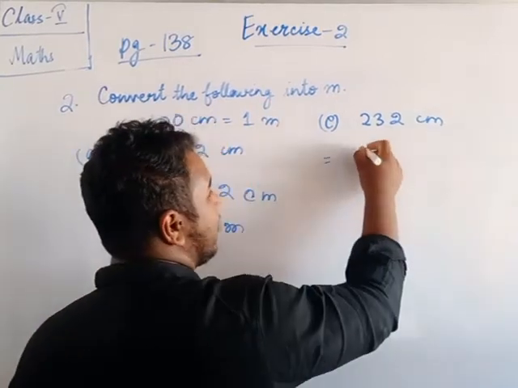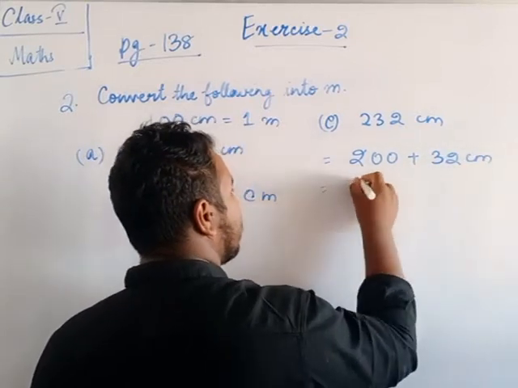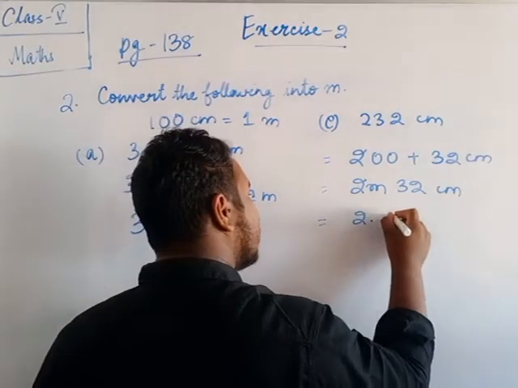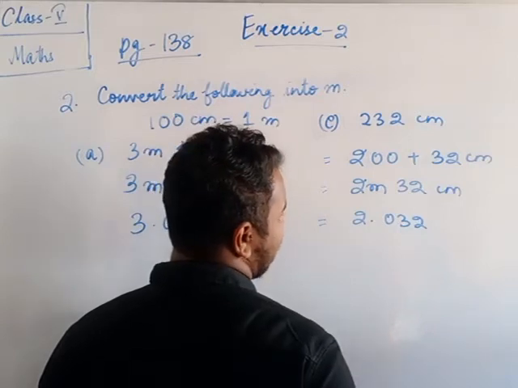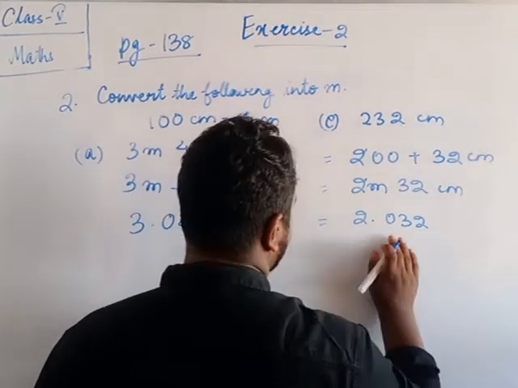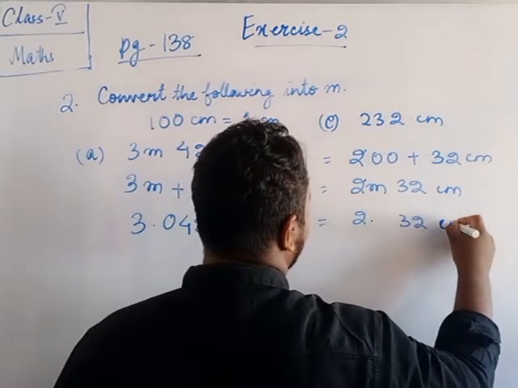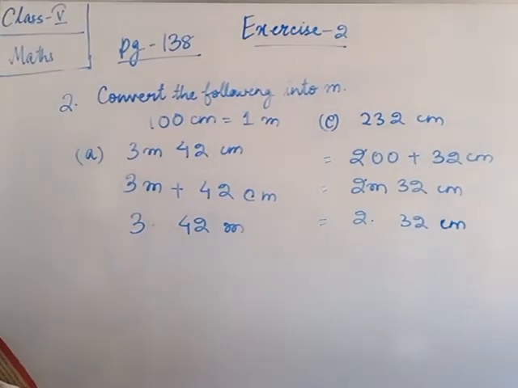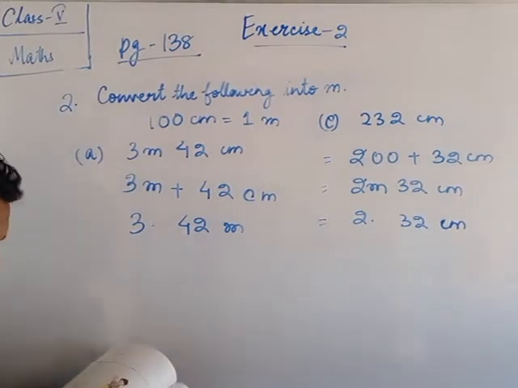First write it in hundreds, 200 plus 32 centimeter, so 2 meter 32 centimeter, and you will write 2.32 meter. Like this you have to eliminate a zero.